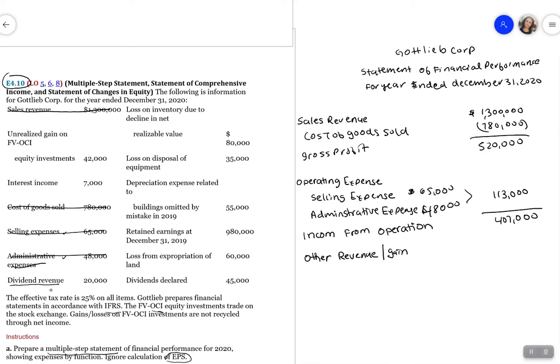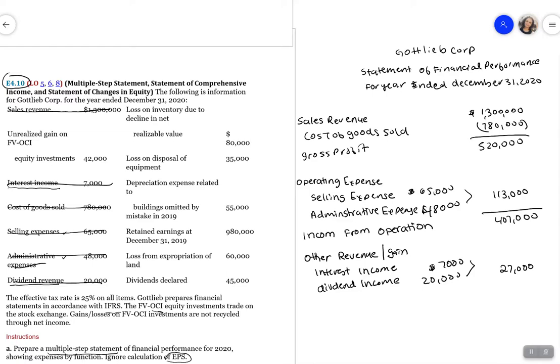We have interest income, which is 7,000, and then we have dividend income, which is 20,000. So altogether we have 27,000 of other revenue and gains. I didn't see any other ones.